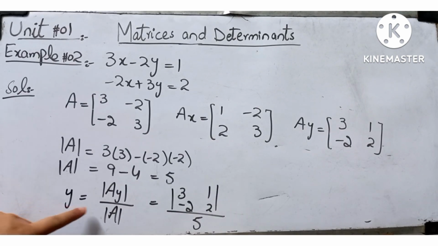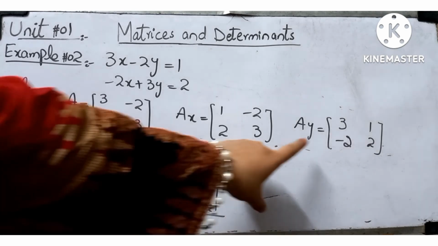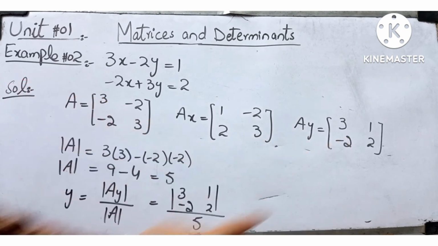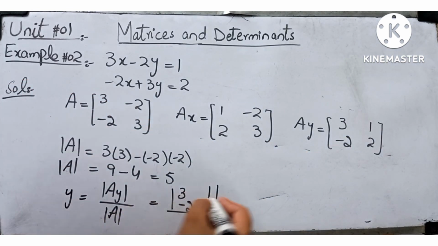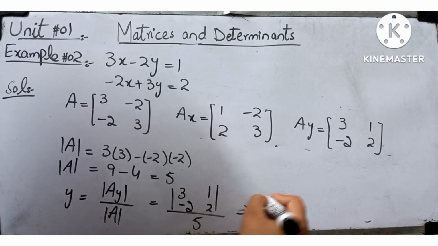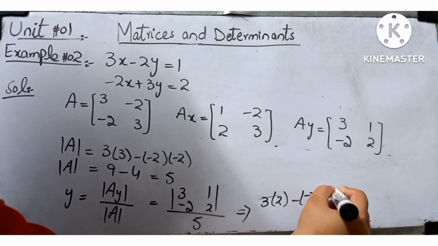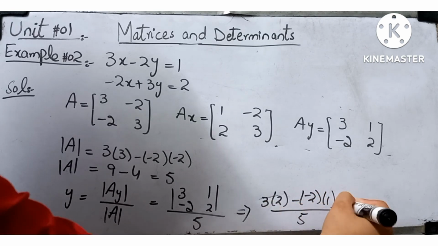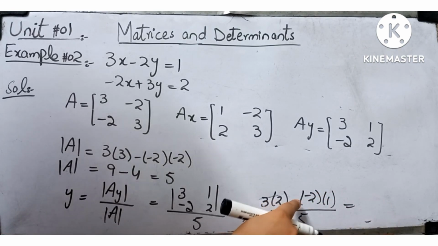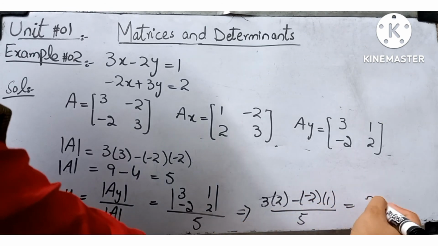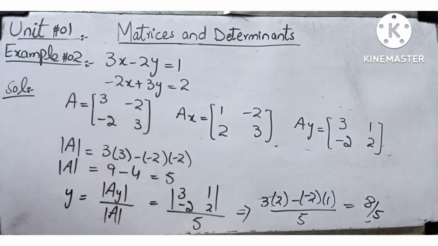Similarly, y is equal to determinant of Ay divided by determinant of A, and Ay is this matrix. We have to find the determinant of this matrix and divide by determinant of A, and that will be equal to 3 into 2 minus 2 into 1 divided by 5, and it is 3 2s are 6, minus plus 2 1s are 2, 6 plus 2 is 8, and it is 8 divided by 5.